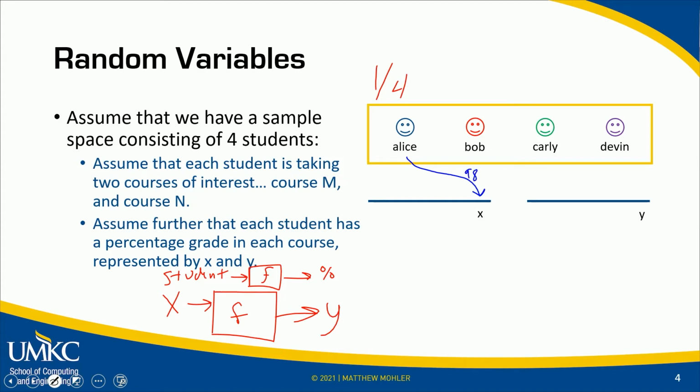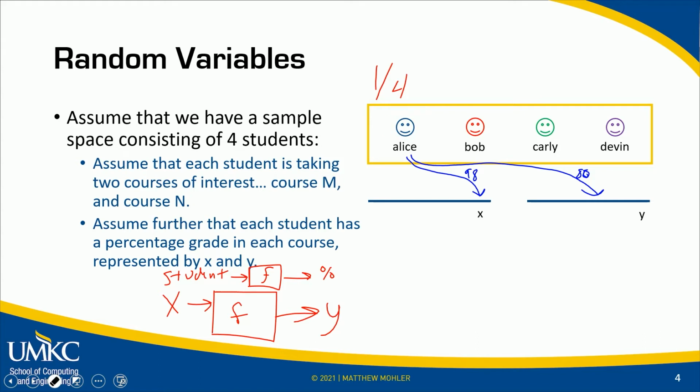And if we were to look at the course N, that second course, then we might say that Alice only has 80% in that course. She's not doing quite as well. So we can, again, draw out that point on our number line and just say, hey, these are the values associated once Alice is selected. So we've gone from saying, hey, I've selected Alice, to now, given that Alice was selected, here's the data that I can extract about her.